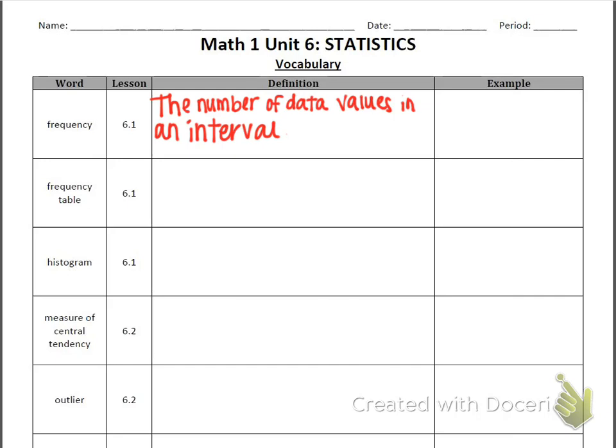We can use frequencies to create a frequency table. So a frequency table is how we represent data when we're talking about the frequency, or how many times that piece of data occurs.